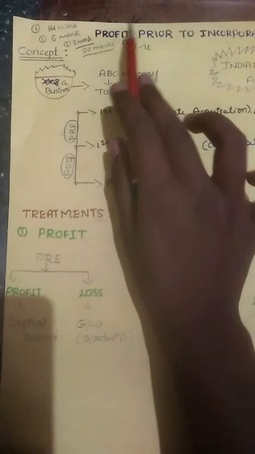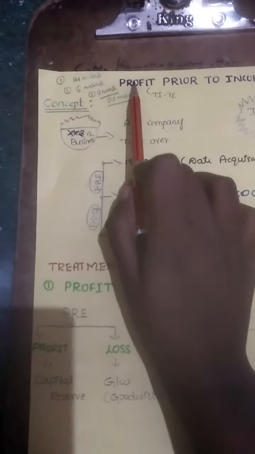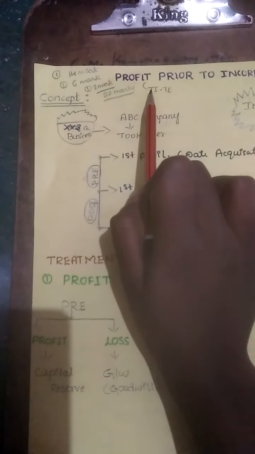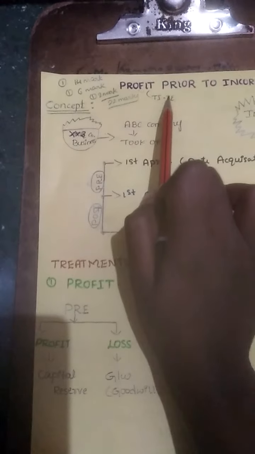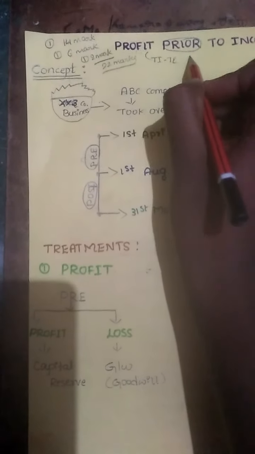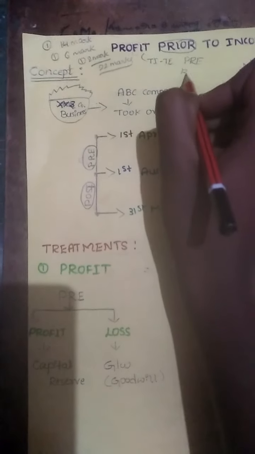Let's start our session: profit prior to incorporation. What is profit? Profit means total income minus total expenses. Prior means pre, or before.